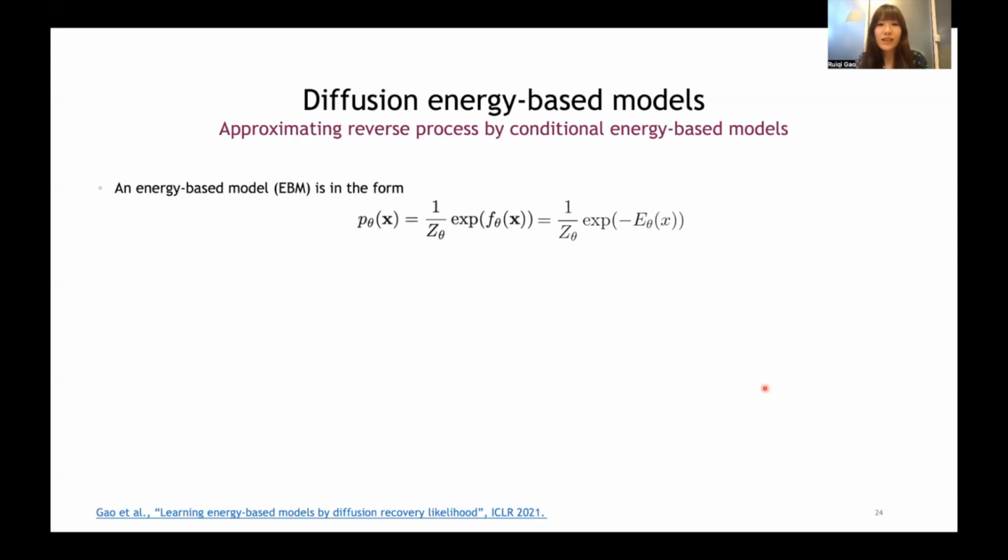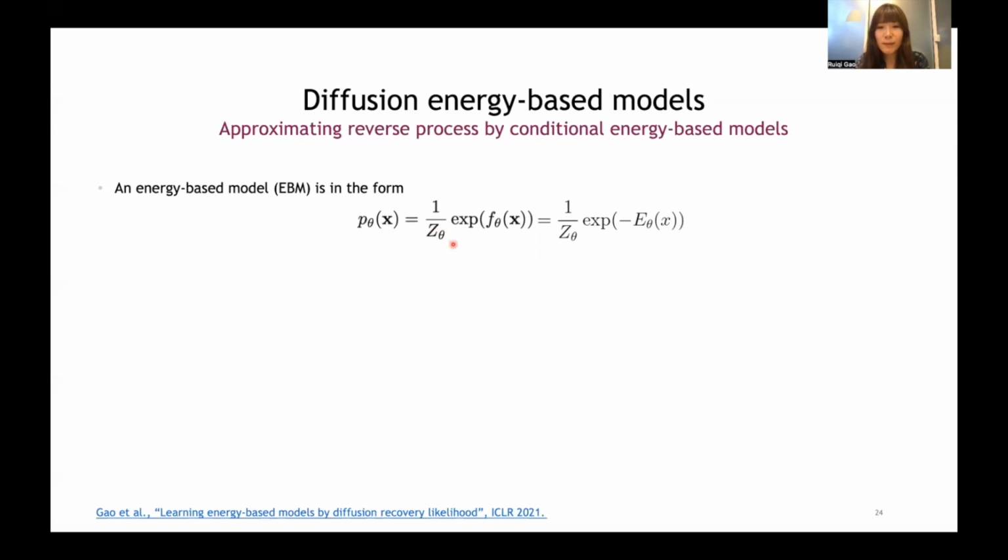Recall that in the second part, we learned that there is a close connection between energy-based models and diffusion models. Therefore, a natural idea is to approximate the reverse process by conditional energy-based models. Recall that an energy-based model is in the form of p_theta(x).